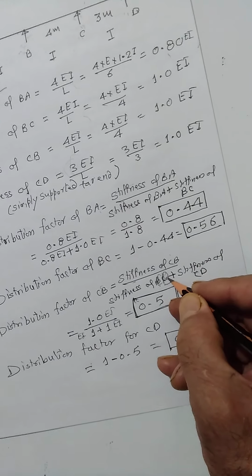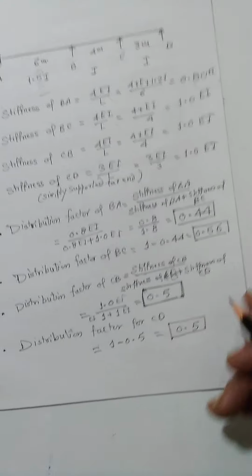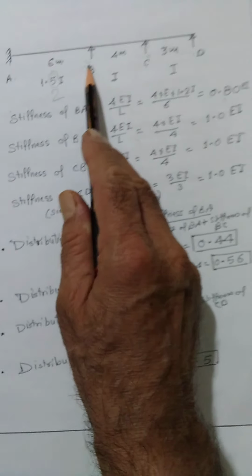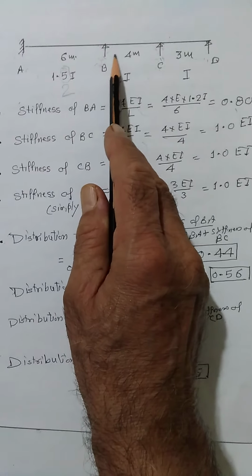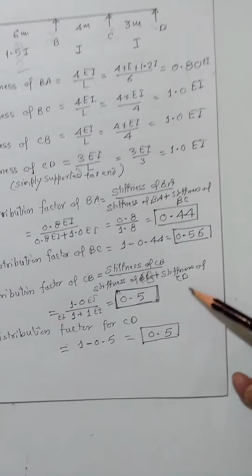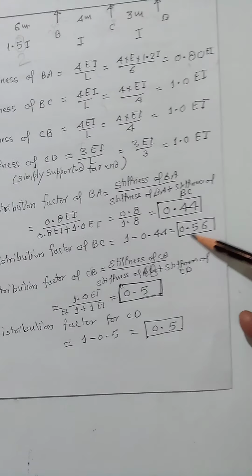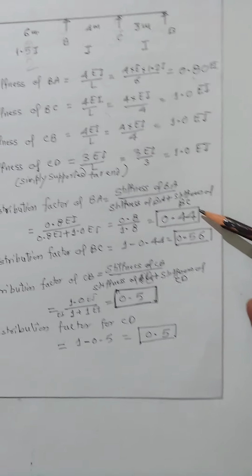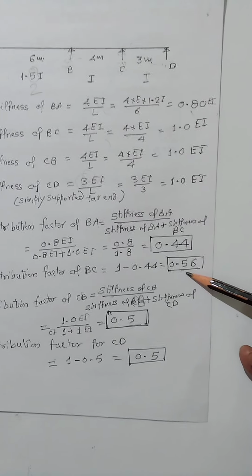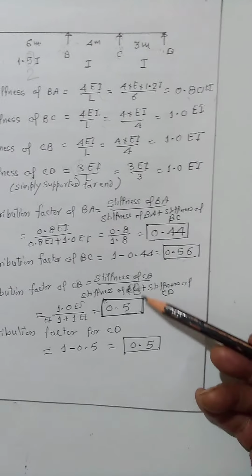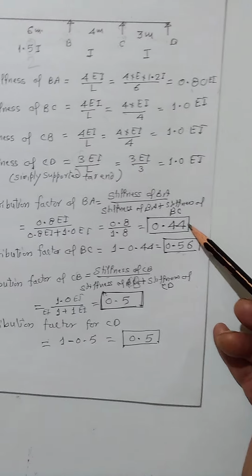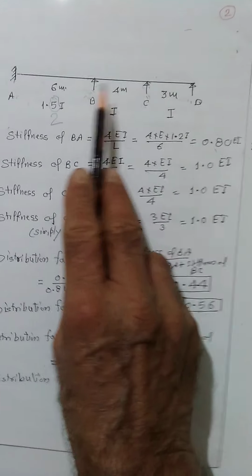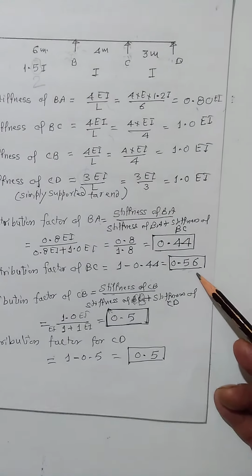So we find 0.44 here, and here it is 0.56. One thing: under any circumstances, the sum of the two distribution factors must be equal to 1. So if you find the value at 0.44, the other can be calculated as 1 minus 0.44, that is 0.56.